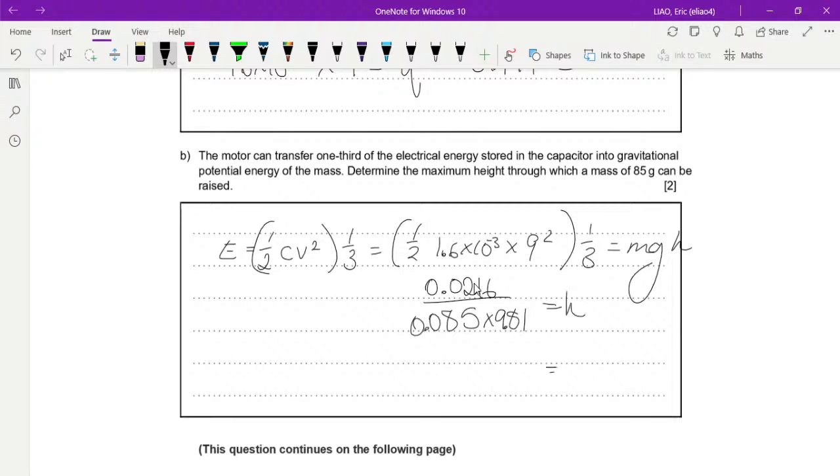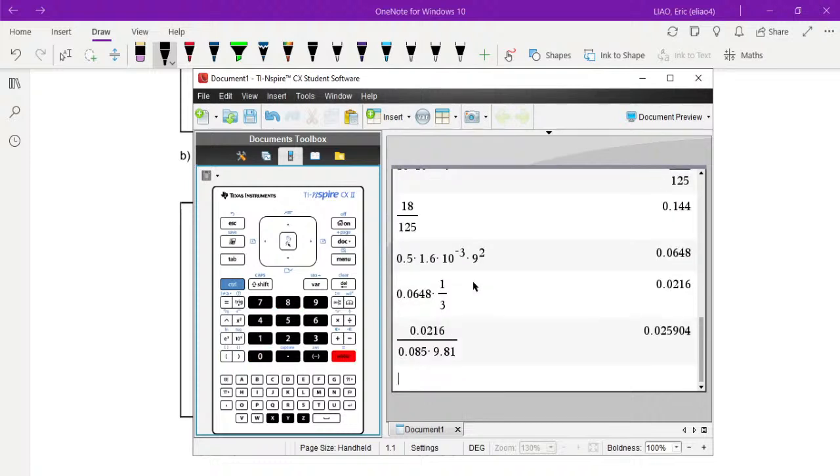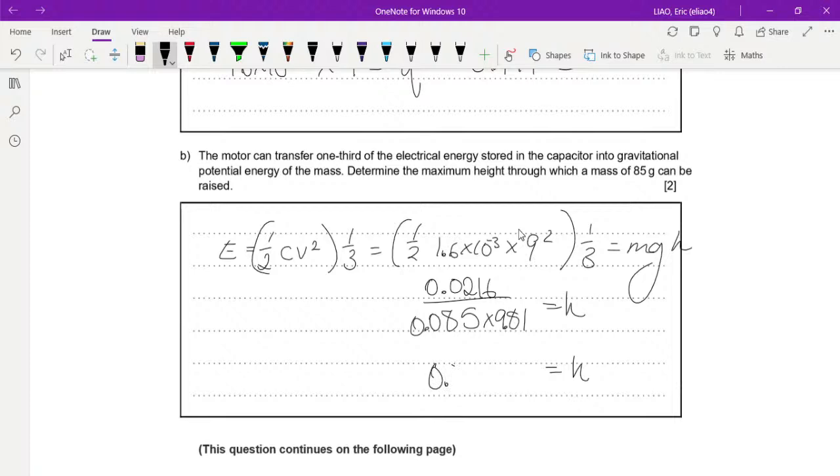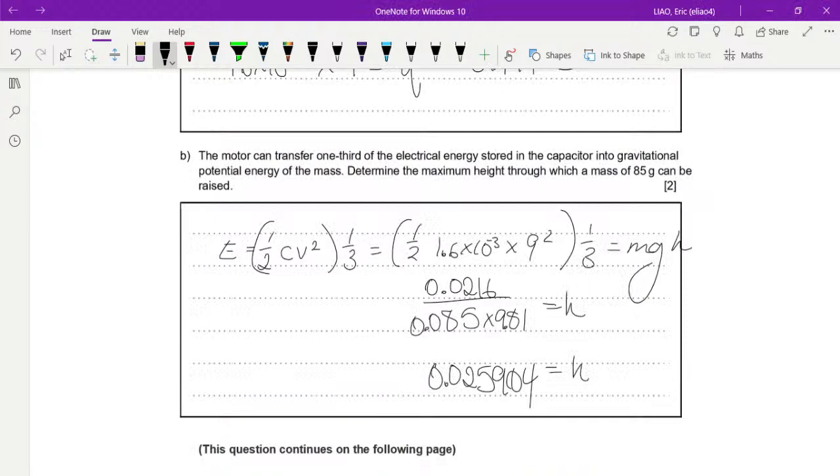That shall give us our height. So it's 2 centimeters. Okay, sounds okay. Put meters here.